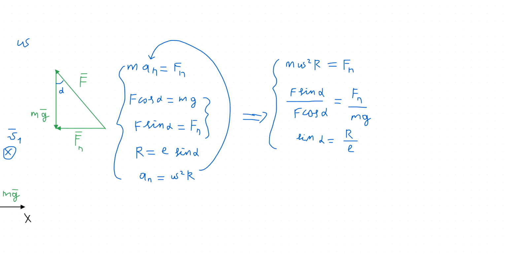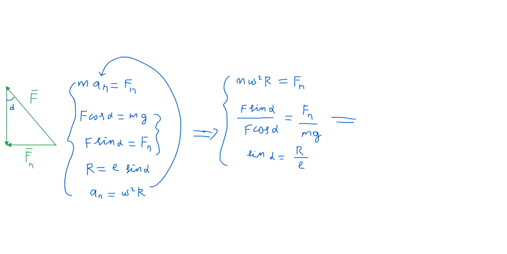Okay, do you have any questions about this? So sine alpha divided by cos alpha is tangent alpha, so it makes sense. Yeah, it's okay for me. Okay, that's good. So we will have m omega to the power of 2 r is equal to F n.